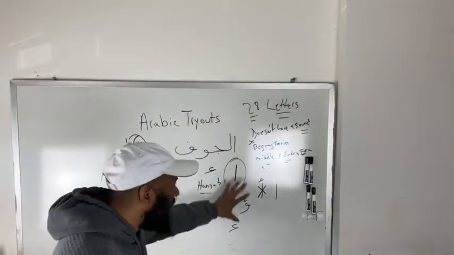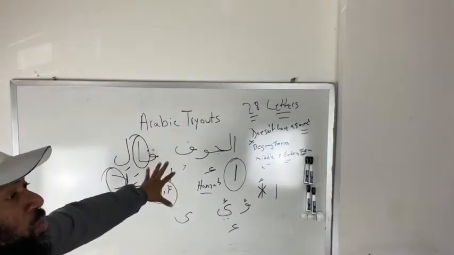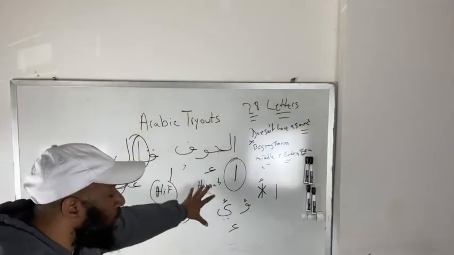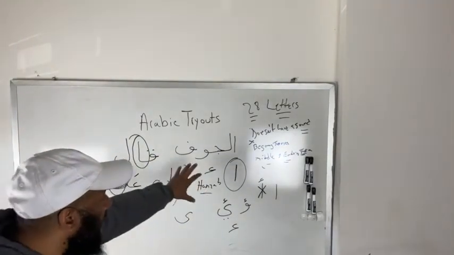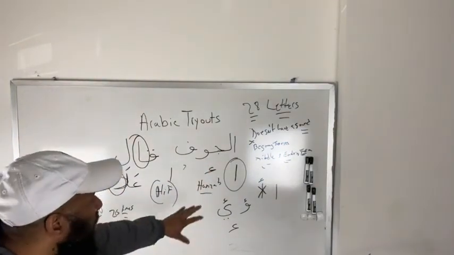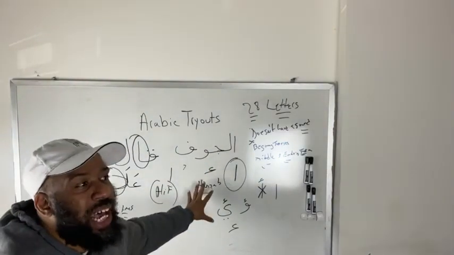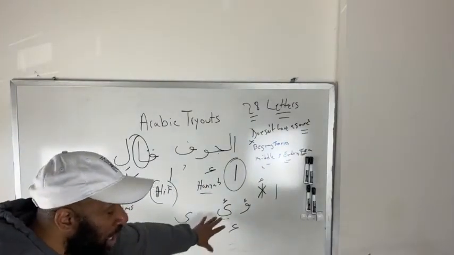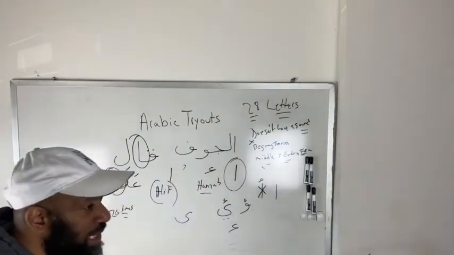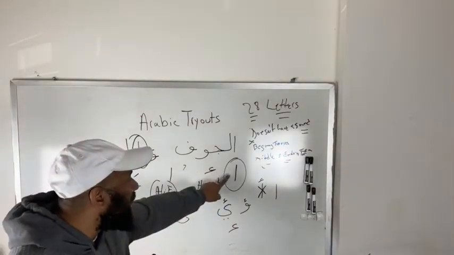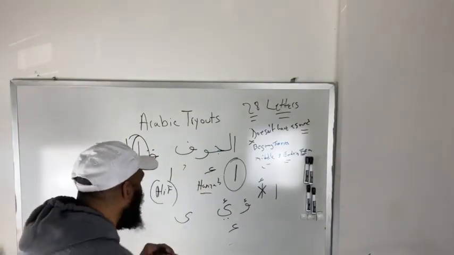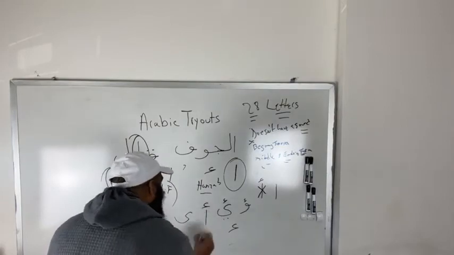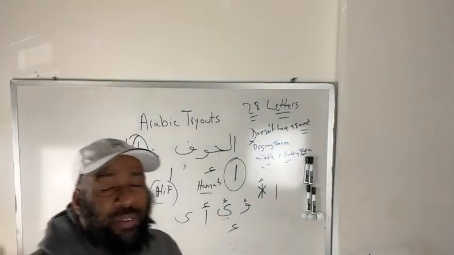Also, to not get confused, whenever we want to see an example of sound, there is something called the hamza, and it's written multiple ways, as I still left on the board. Do not get it confused. If you see a line with a hamza on top, that is not Aleph.